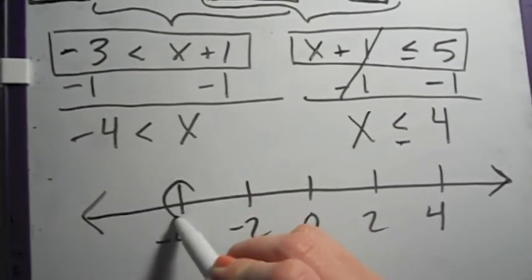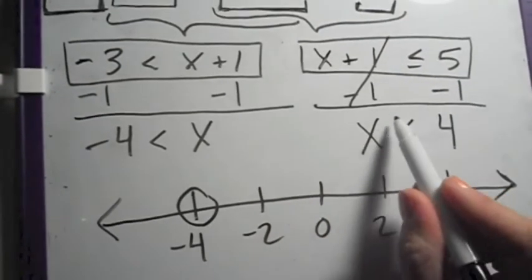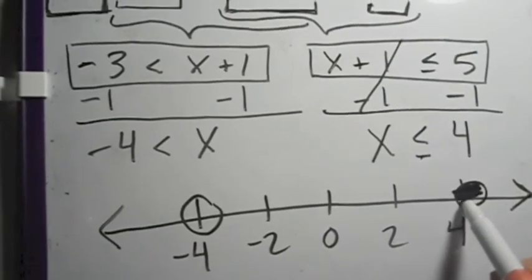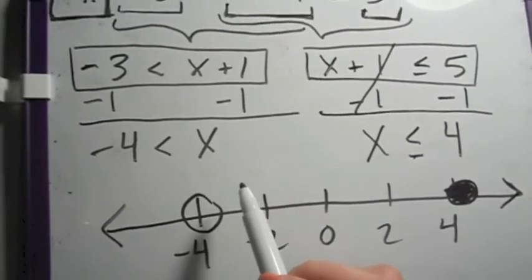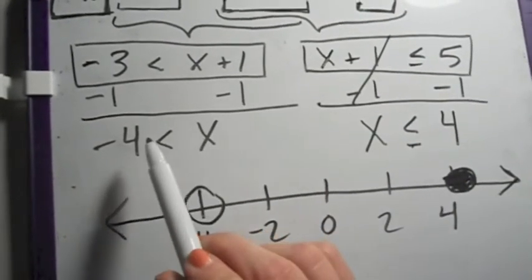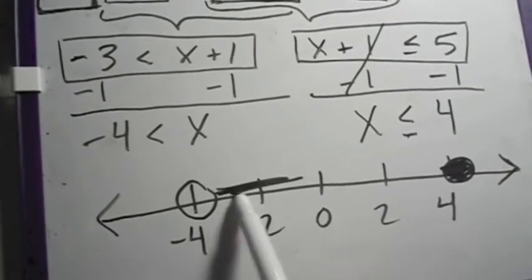I have an open point at negative 4, and I have a closed point at positive 4. Okay, all the points x that are greater than negative 4, they're going to be on this side.